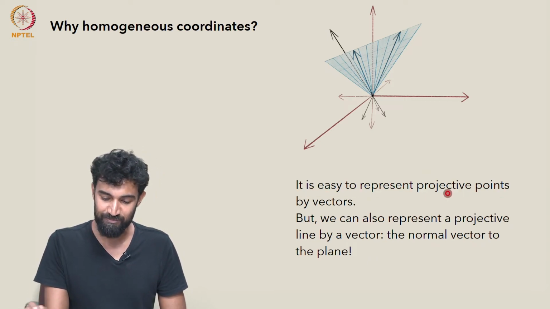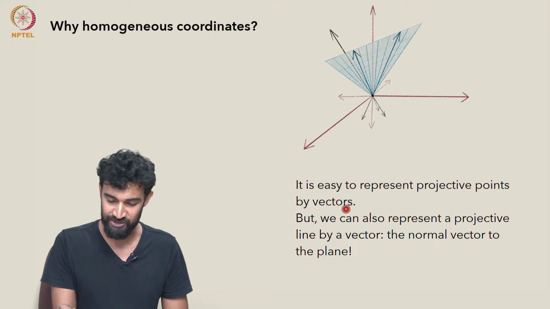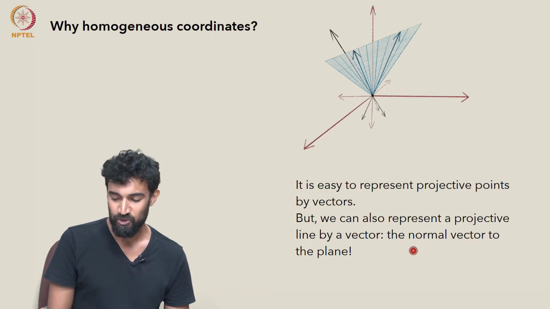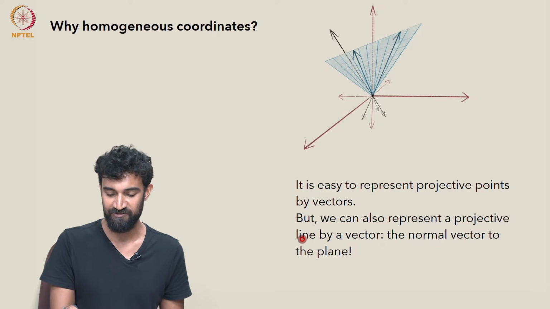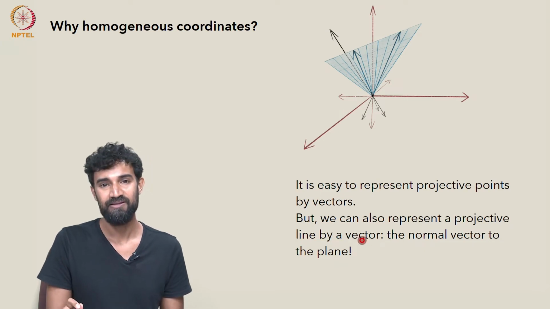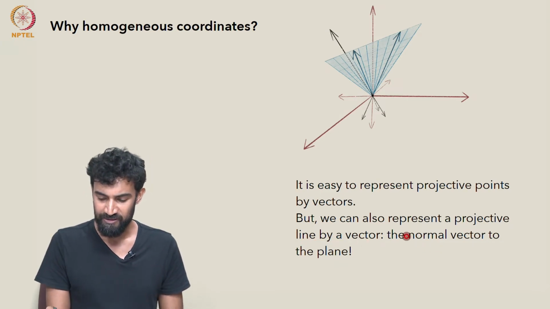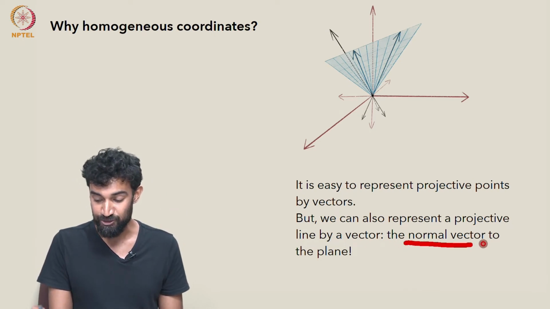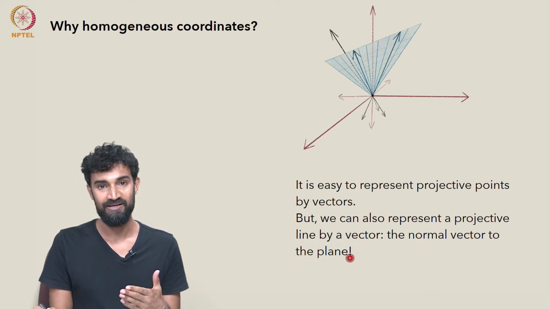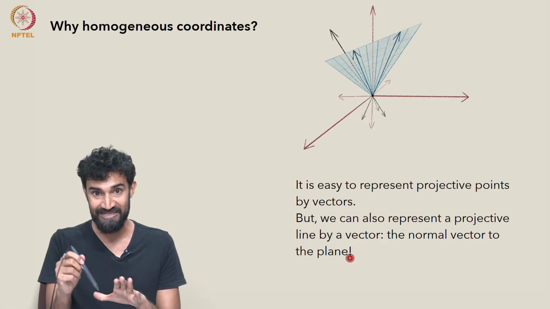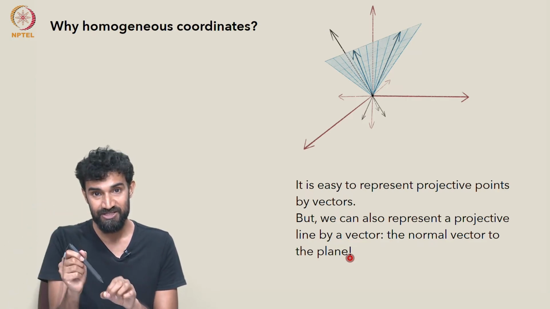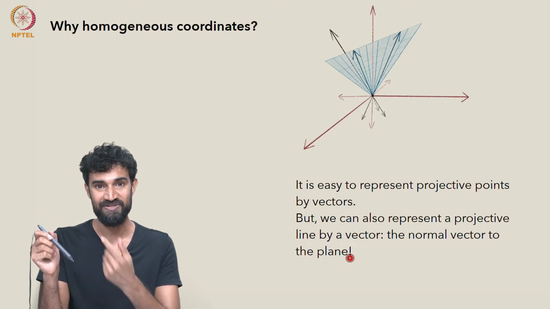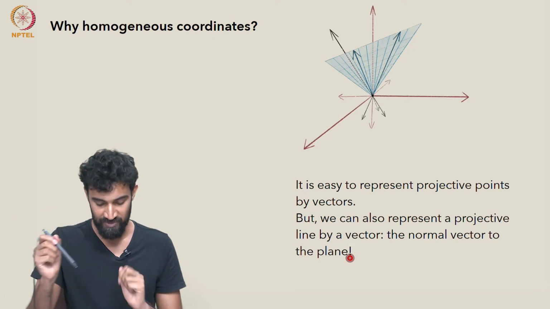It's easy to represent projective points by vectors, but we can also represent a projective line by a vector. That's a little more surprising, maybe. So a projective line is a plane through the origin, but we can represent it by the normal vector to that plane. Again, we have a lot of choice. We can take any normal vector to that plane, so we have a whole family of scalar multiples of a given vector that we can choose from.